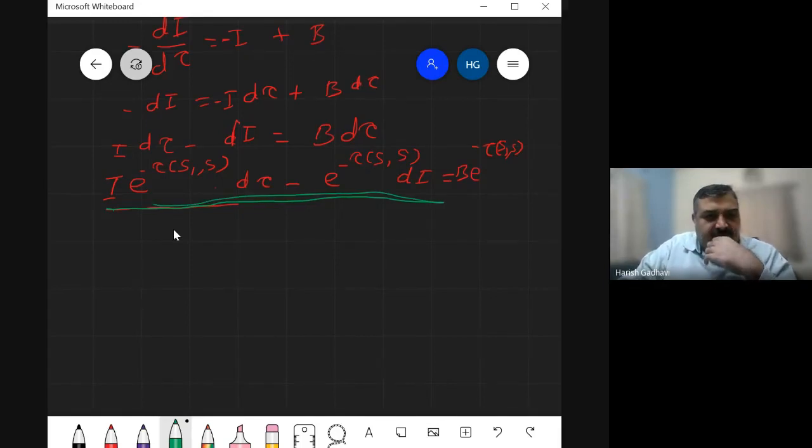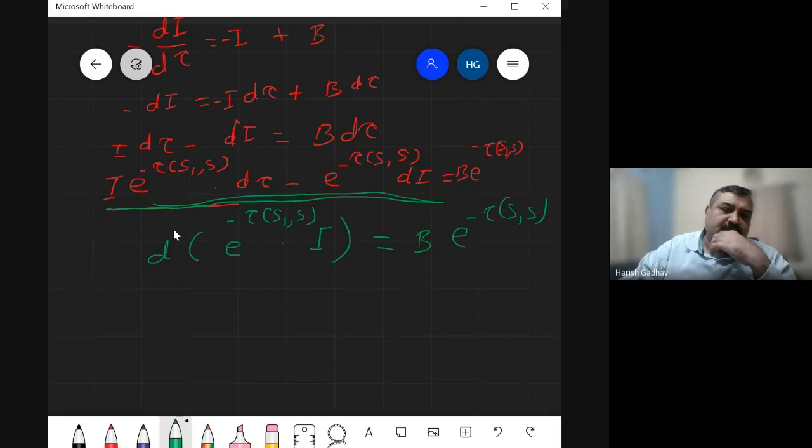what is this term? If you look at this, I can write d of the integration e power minus tau from S1 to S, into I, equal to d e power minus tau from S1 to S. Now you do the integration from both the sides. What do you get?